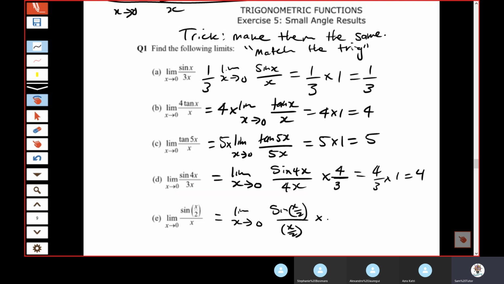So we're going to times this by 1 over 2, a half. 1 times the top is 1. 2 times a half on the bottom is back to 1. That's a tricky one for a lot of students to see. So 2 times a half is actually going to get you 1.